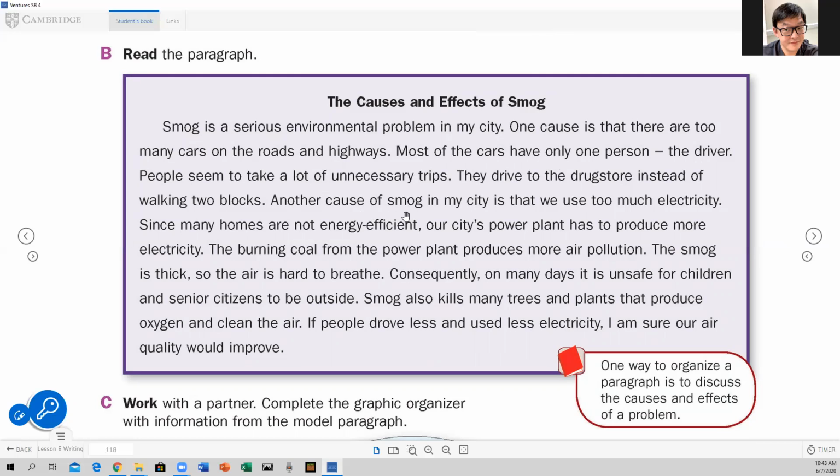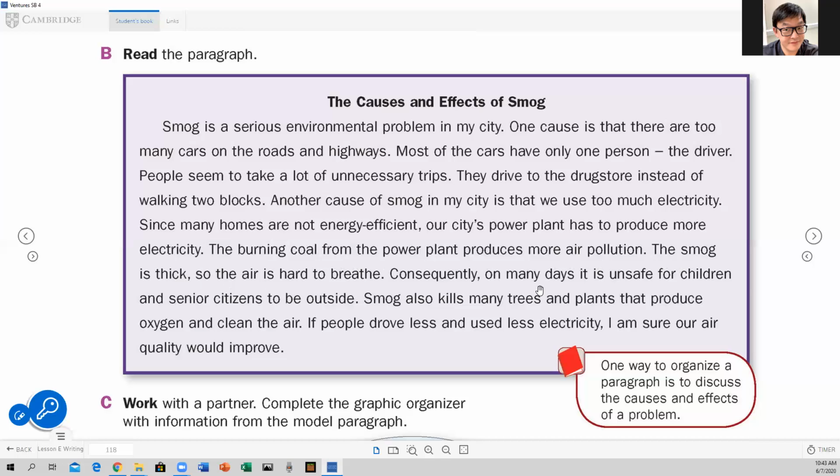Another cause of smog in my city is that we use too much electricity. Since many homes are not energy efficient, our city's power plant has to produce more electricity. The burning coal from the power plant produces more air pollution. The smog is thick, so the air is hard to breathe.